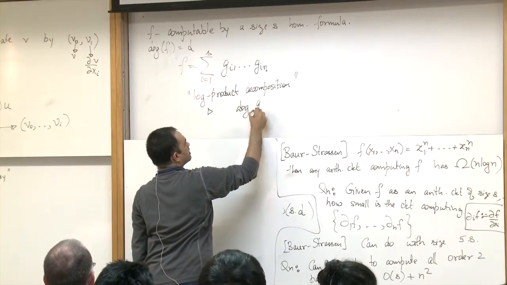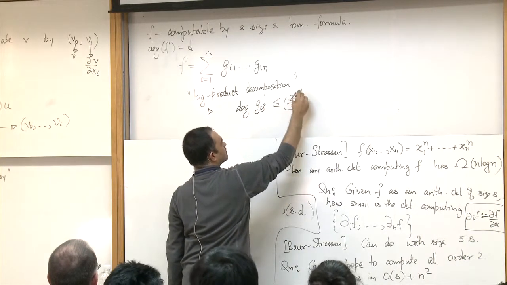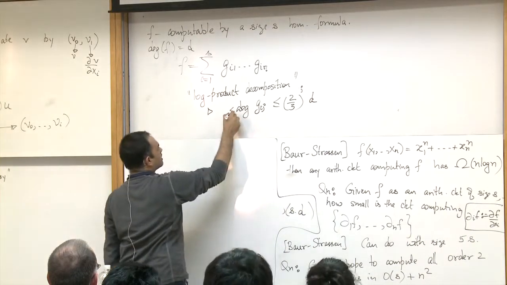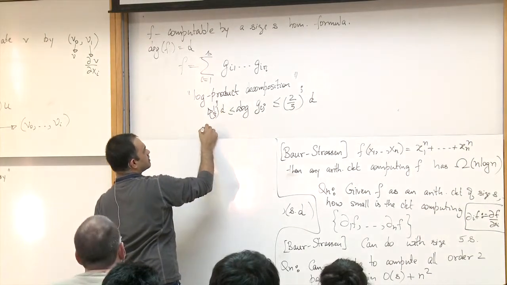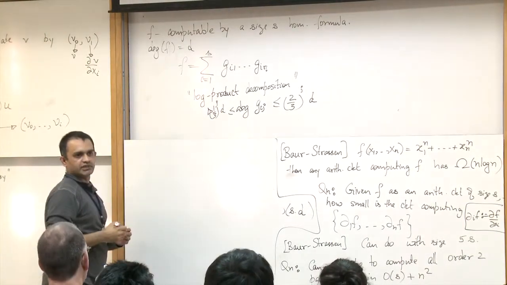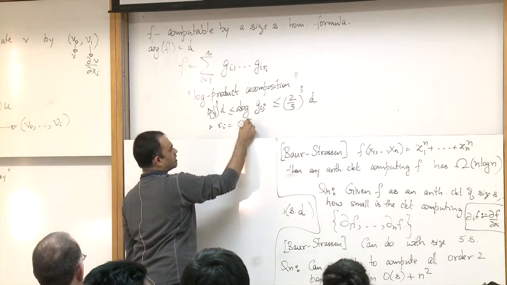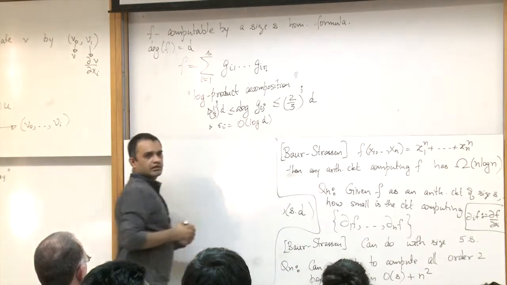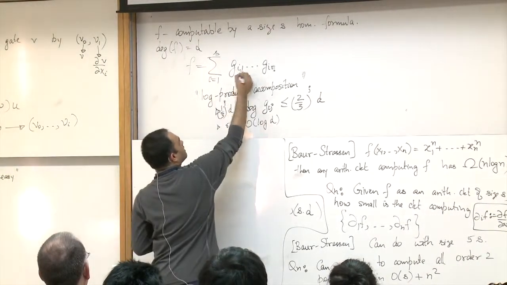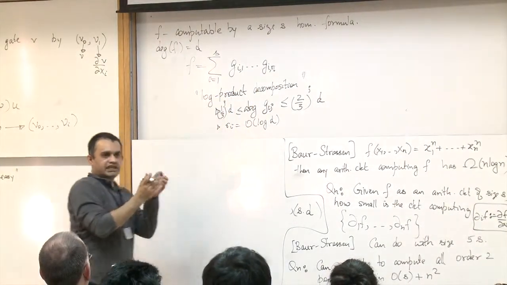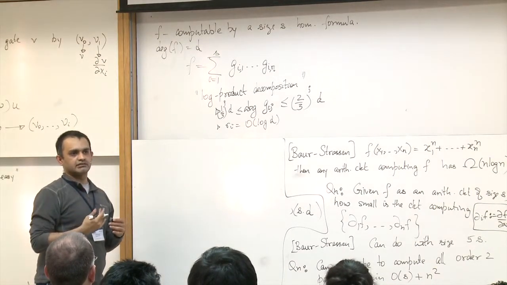So the degree of g_ij is less than or equal to (2/3)^j of d, and at least (1/3)^j of d. This is the sort of term that you get, and because of this, each r_i is going to be order log d. So each term factors as a product of log d terms of smaller degrees.